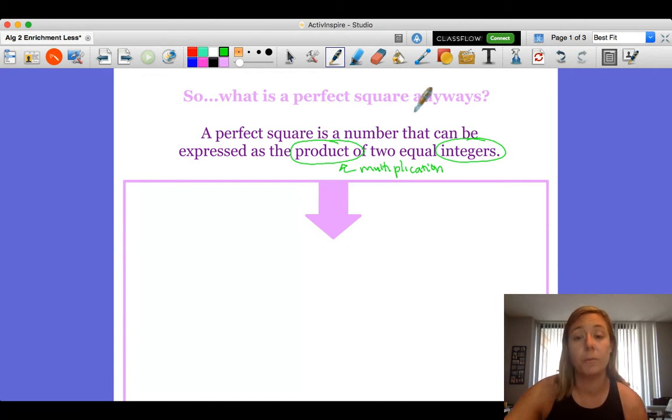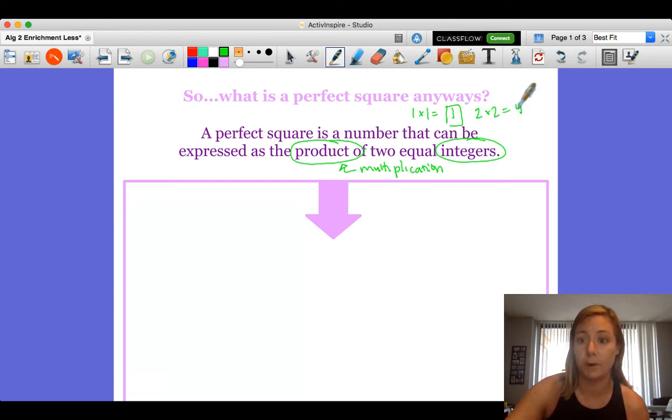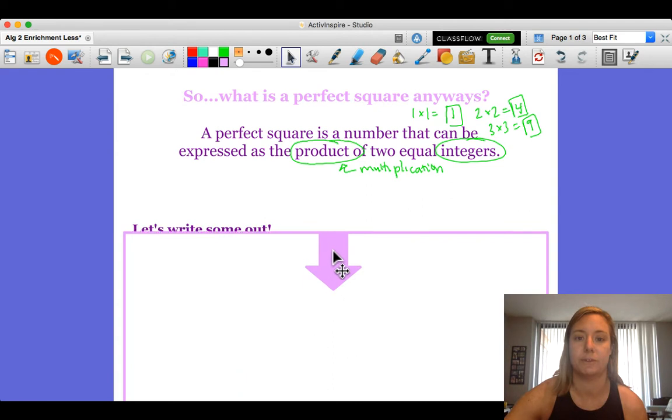Well, 1 times 1 is 1, so that means 1 is a perfect square. 2 times 2 is 4, so 4 is a perfect square. I'm finding the product of two equal integers. 3 times 3 is 9, so 9 is a perfect square. So then maybe this rings a bell as to what exactly a perfect square is.